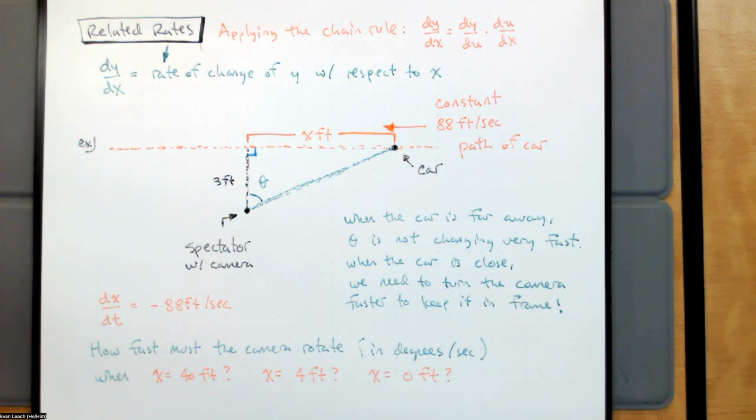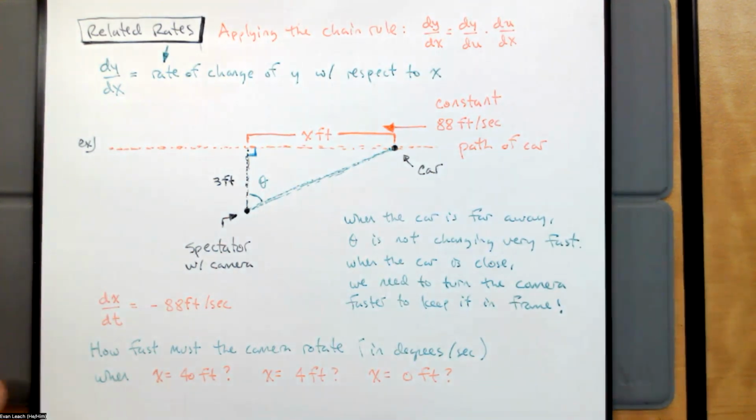So when I ask the question, how fast must the camera rotate? We're asking about a rate of change. How fast is theta changing with respect to time? I also said I wanted it to be changing in degrees per second. That tells you right there what kind of rate we're looking for. Theta being measured in degrees, time being measured in seconds.